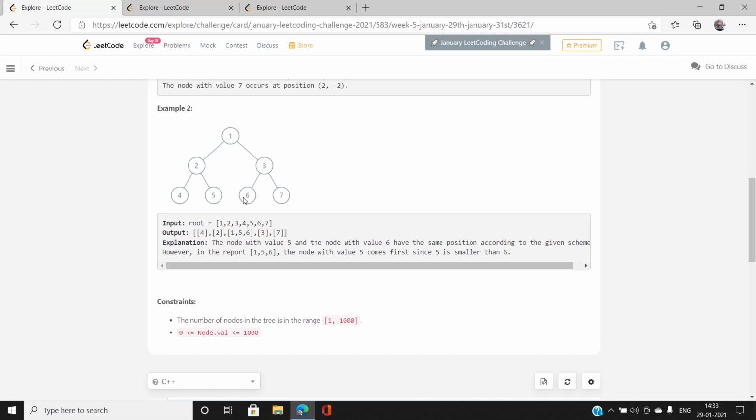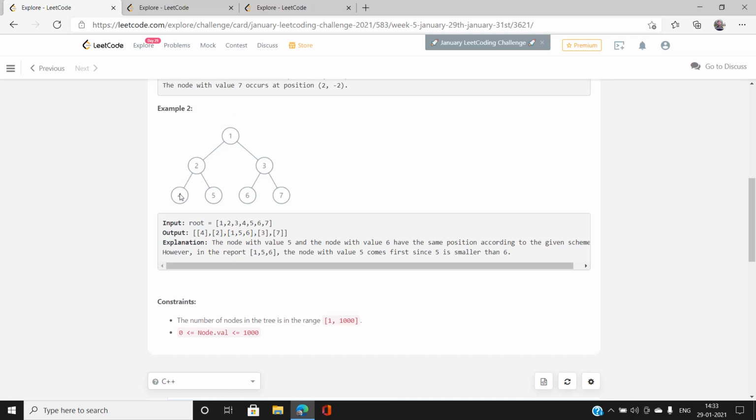So our output would have 4 first, because 4 is the leftmost node, that is, its x coordinate is minimum. You can see going from 1 to 2 the x coordinate decreases, and for 4 it decreases again to minus 2.